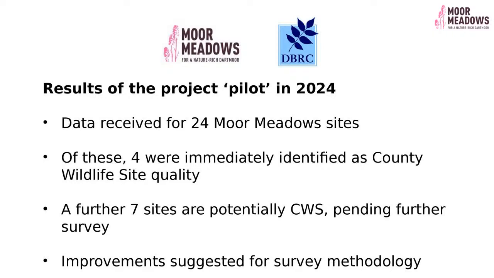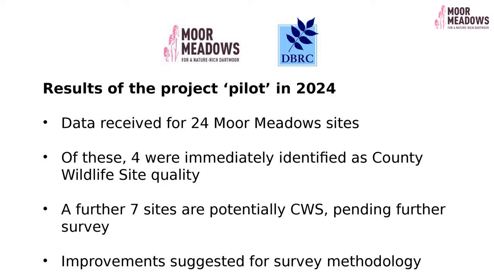But of those 24 more meadows sites that were surveyed, 4 of them were immediately identified as county wildlife site quality on the basis of that survey alone. And there's a further 7 sites that are potentially county wildlife site, but need a little bit more survey to make sure that that's underpinned by the data that's required for the designation of sites. That's a really high proportion of the total number of sites.